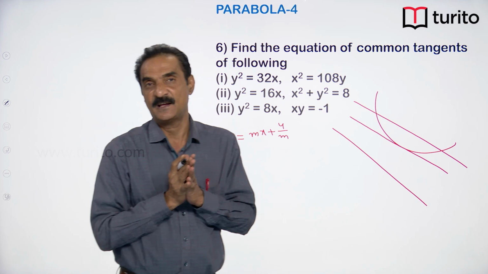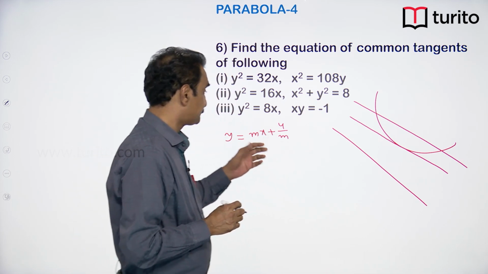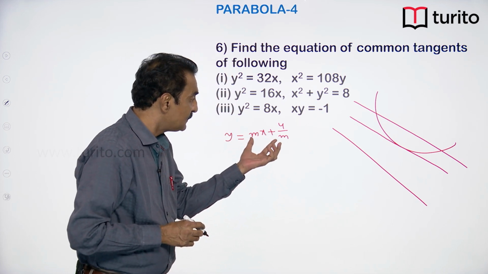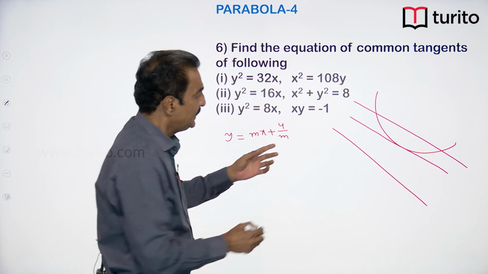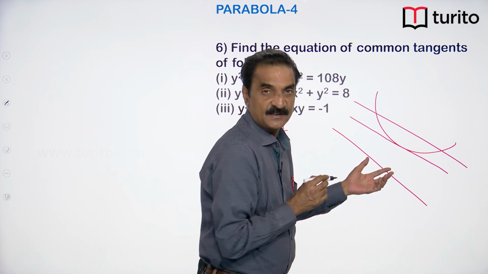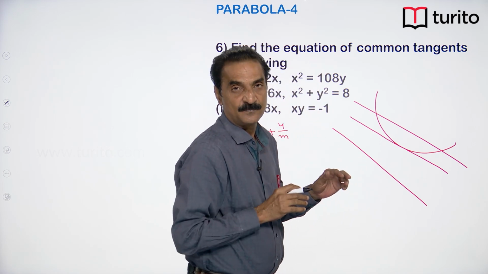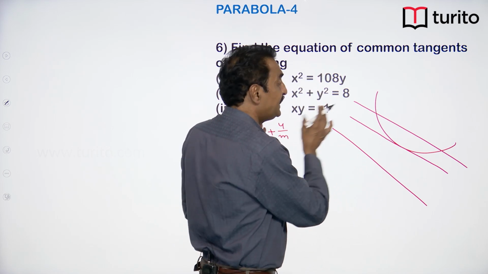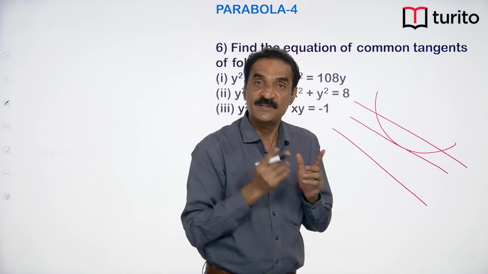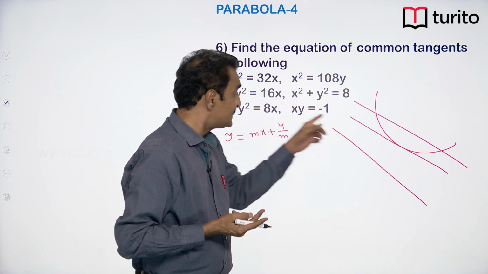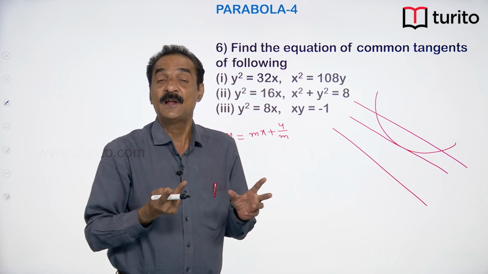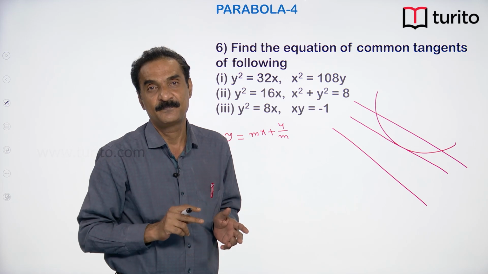Three possibilities are there. Then, if you solve the equation of the line and equation of the curve, if the line does not touch or intersect, then you will get imaginary roots. If the line intersects the curve at two distinct points, then you will get two distinct roots. If the line touches the curve, then it will have two equal roots.